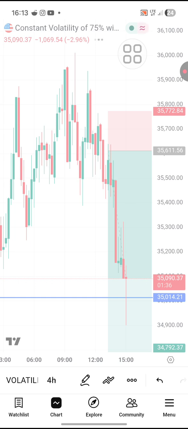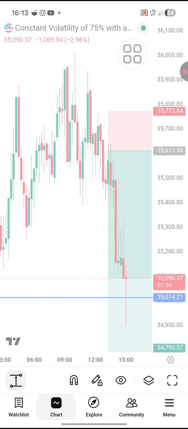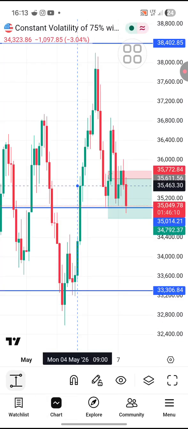What I'm going to risk is the red one. The reward is the other. This is for sell. For buy. Oh god, mistake. Understand?